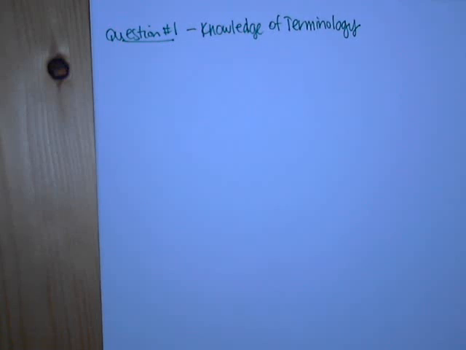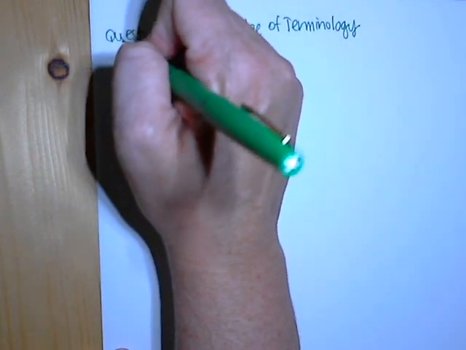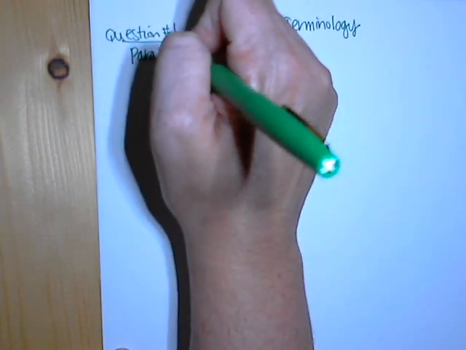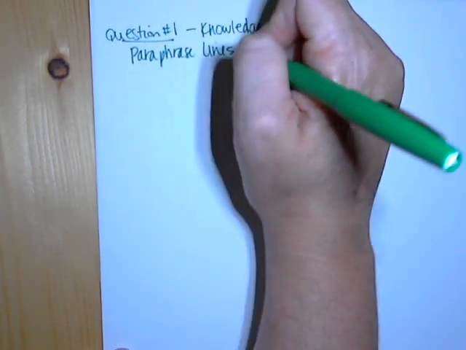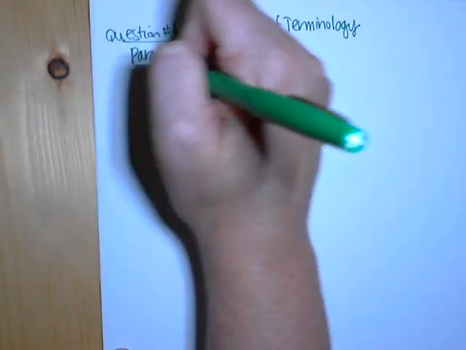So, knowledge of terminology. First of all, you need to label the question and label what type of question it is. Okay? Now, look at the question. It talks about lines 5 through 15. So, the very first thing I have to do is paraphrase lines 5 through 15.